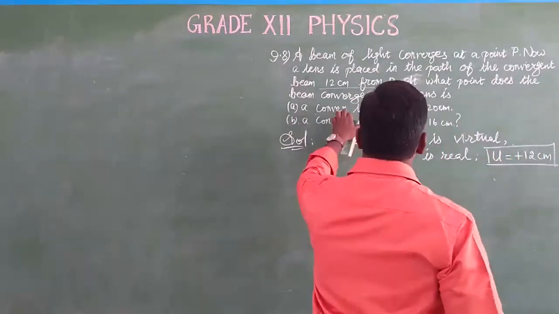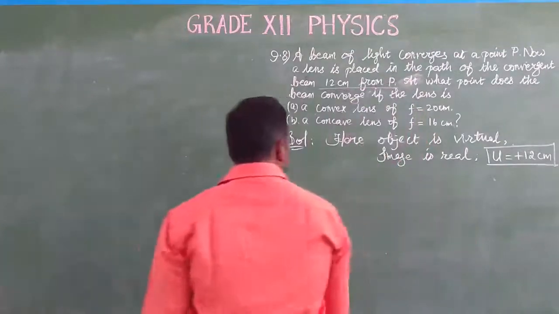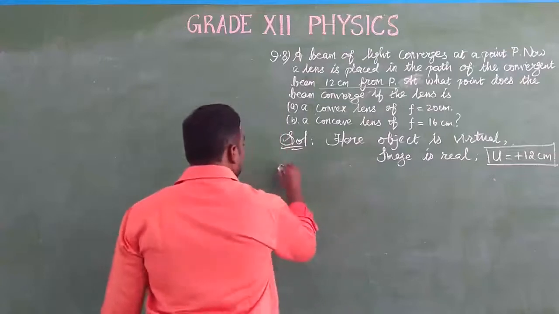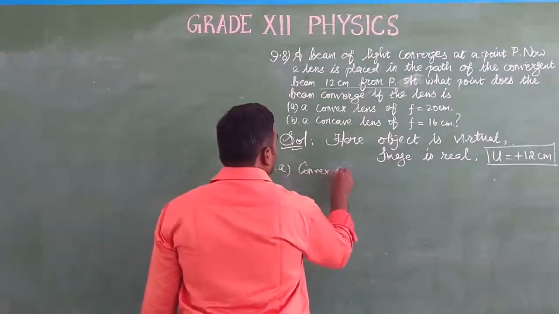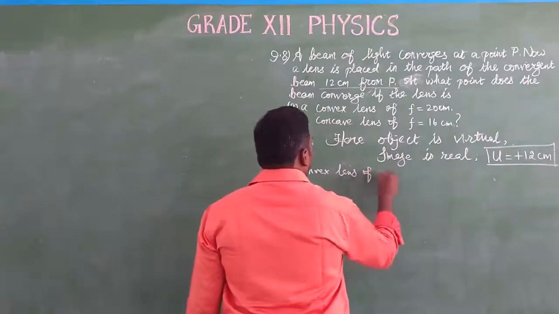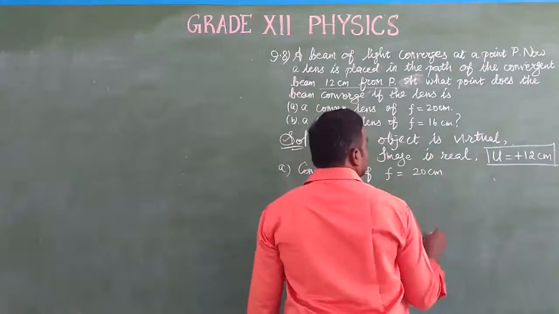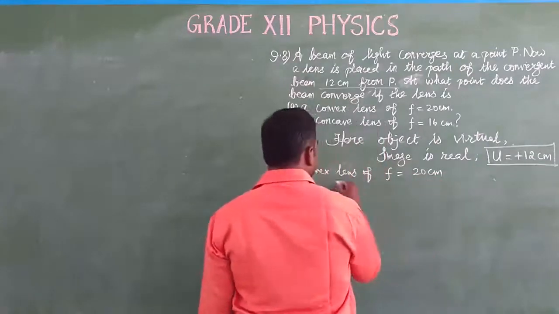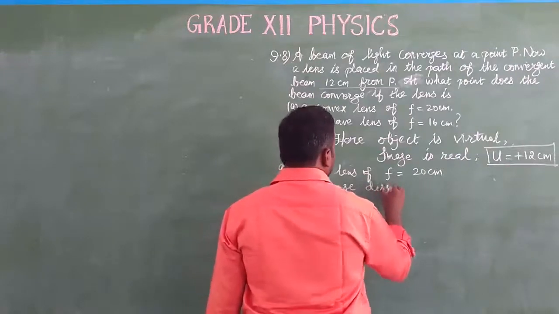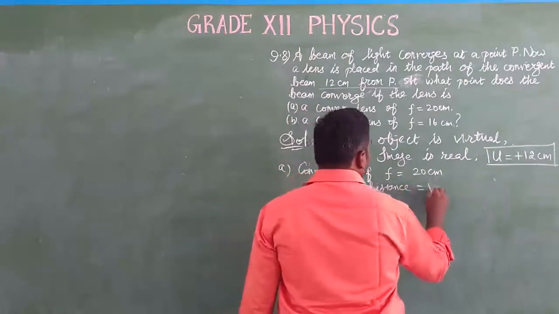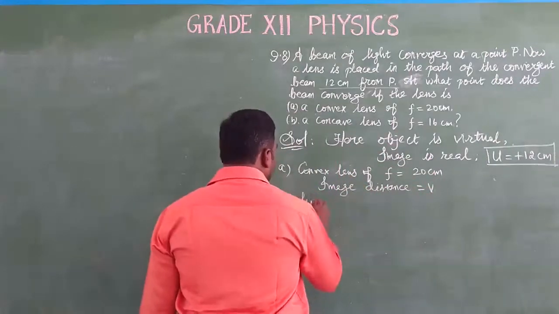But in the case of the convex lens with the focal length, we can easily determine the image distance. So case A: convex lens of focal length 20 centimeter, and let me take the image distance as v. From the lens formula, what is the lens formula?